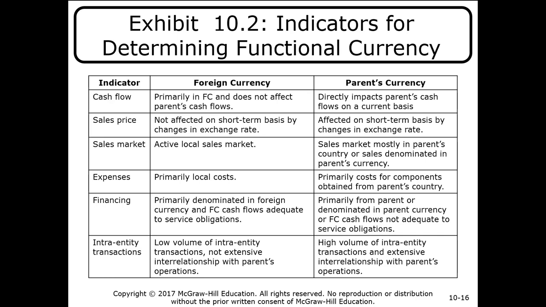Do they actively sell locally, or are they selling mostly back to the parent company? So is it a subsidiary who supplies nothing but a subassembly or a raw material to the parent company, and that's their only transaction, and all of those transactions are then dealt with in US dollars?